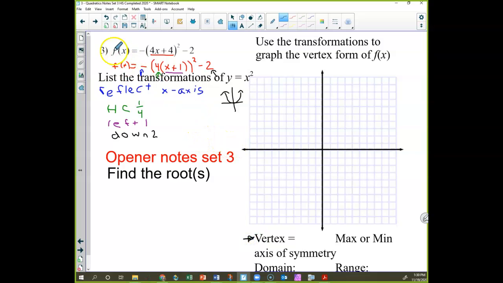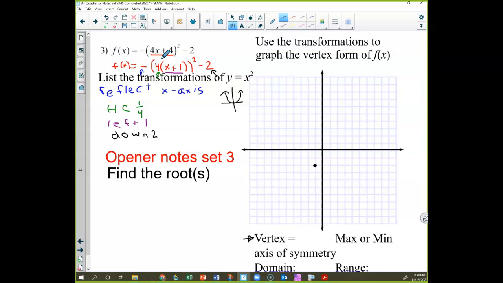Right? If I've got it in vertex form, I'm going to start at the vertex. So I'm going to come left 1. I'm going to come down 2. Reflecting over the x-axis doesn't do anything because we started on the x-axis. And taking 0 and making it a 4th its size doesn't do anything. All right, so we move it left 1 and down 2.